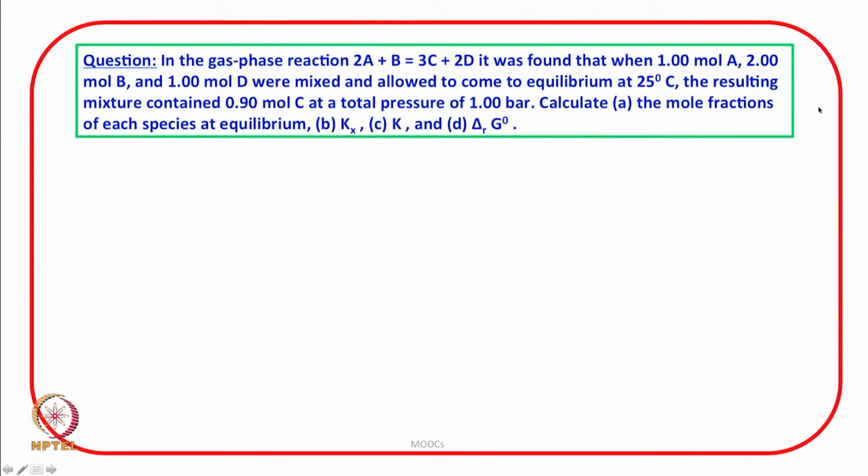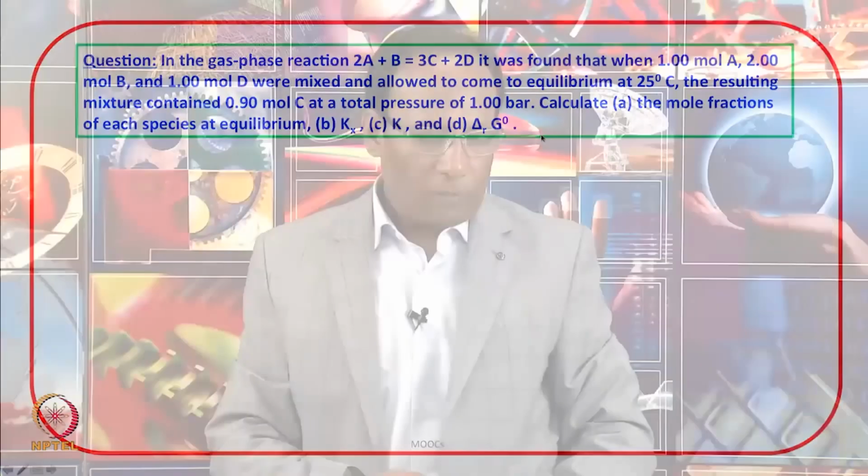Calculate the mole fractions of each species at equilibrium, the value of Kx, the value of K and delta rG naught. Let us see how to approach this question.